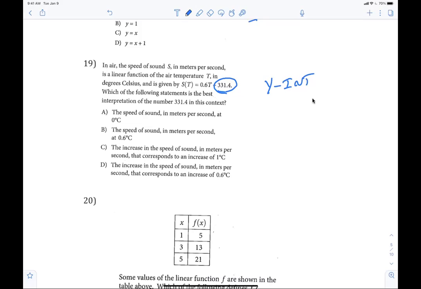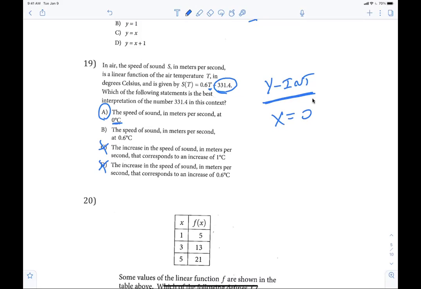What is it, Michaela? I got A. It is A. Because it's the y-intercept, that's when x equals 0. What is 0? Temperature. Please listen to what I'm saying and make sure you understand that. For most kids, that is really hard. I have no idea why.